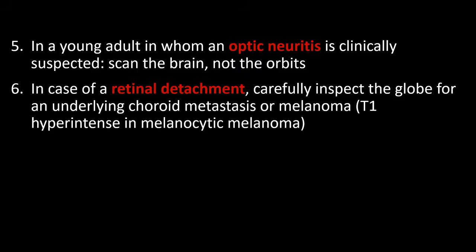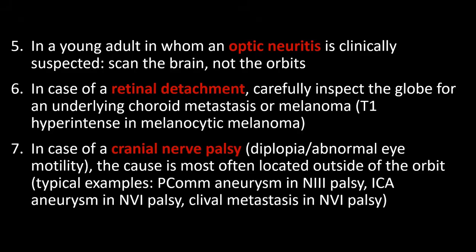If you see a retinal detachment, especially in somewhat older patients, carefully inspect the globe to see if there's an underlying intraocular tumor. This can be a metastasis in older patients or a melanoma, and will be T1 hyperintense if it's a melanocytic melanoma. And in patients with cranial nerve palsies, the cause is most often located outside of the orbit.